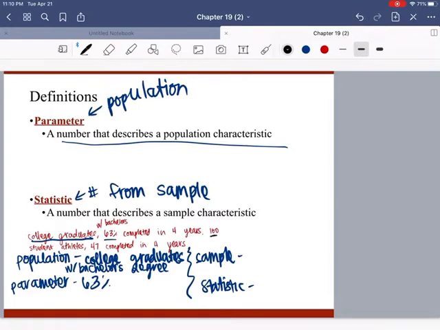So I said 100 student athletes. So there's my sample, 100 student athletes who have graduated with their bachelor's. And I found 47 of the 100, or 47% of them, had finished with their bachelor's degree in 4 years.